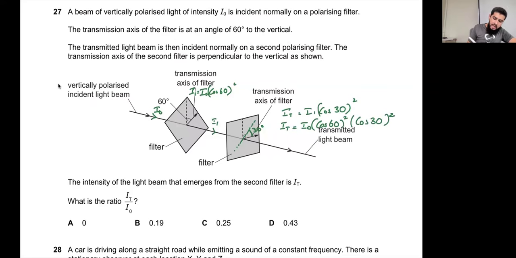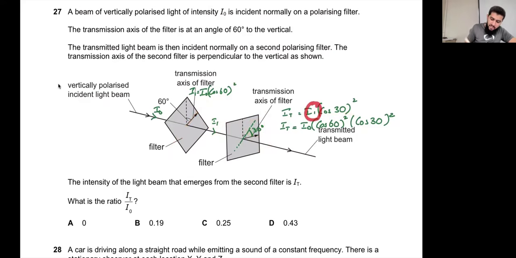So here what I have done is, first I found I1 in terms of I0 cos 60 whole squared. Then when I had to find IT, IT is I1, whatever this is, multiplied by cos 30. Why 30? Because this light here after passing through the first axis will be at an angle of 30 degrees.